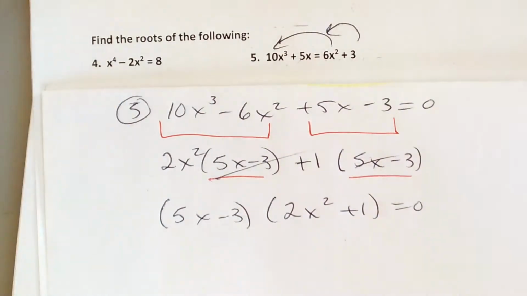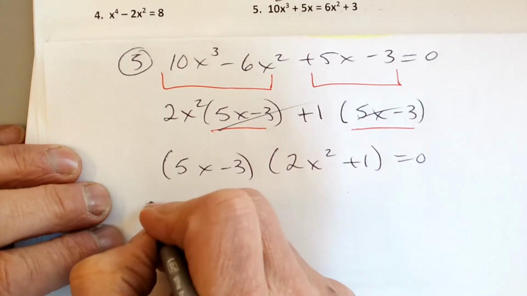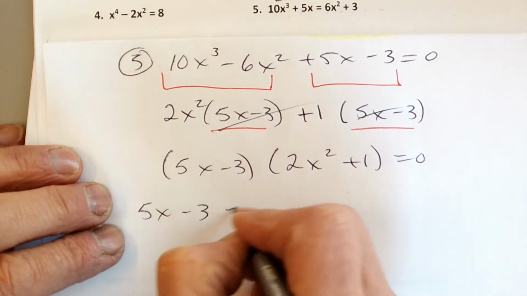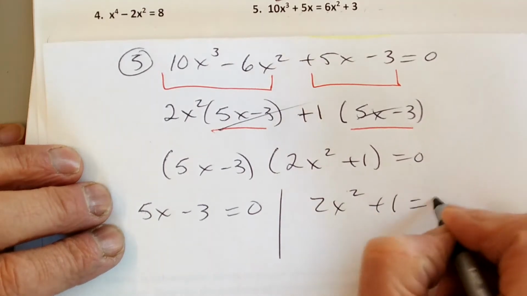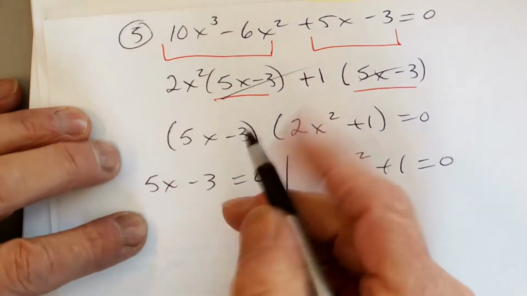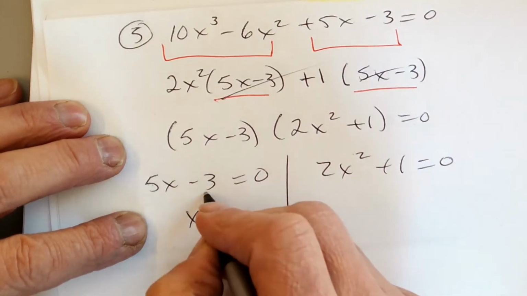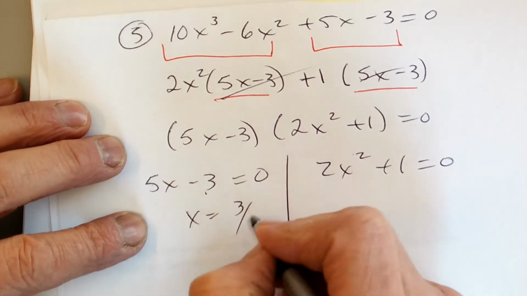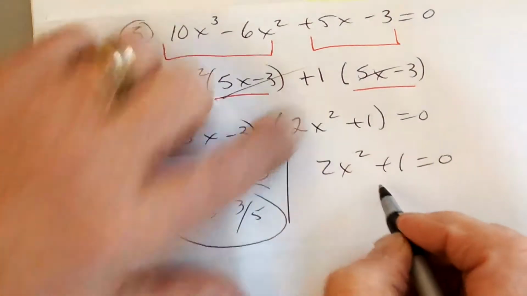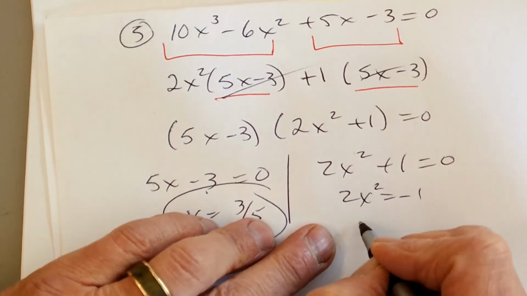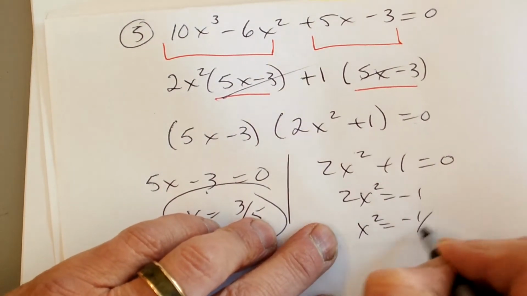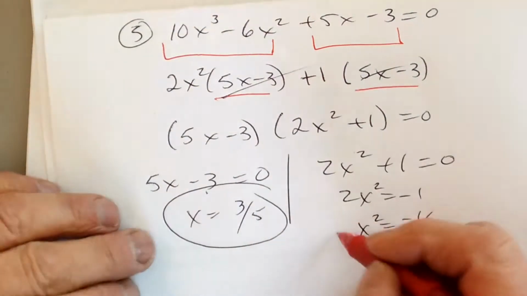Okay, now solving, set them equal to 0, 5x minus 3 equals 0, and 2x squared plus 1 equals 0. If I solve here, I'll get x, add 3, divide by 5, 3/5, right? I'll subtract 1, divide by 2, and then I'll square root, which tells me I'm going to get an i answer.